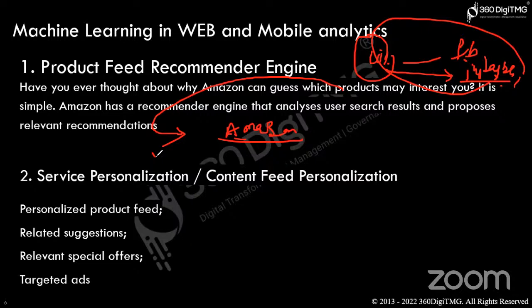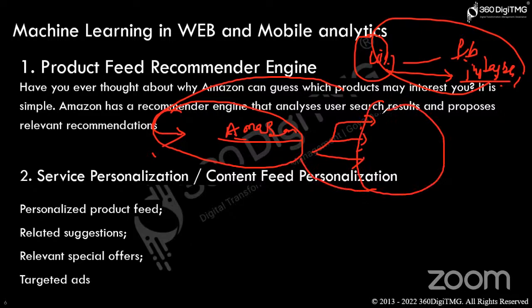Amazon thinks that you might be interested in cats and dogs, or that you might have cats and dogs. There are products related to cats and dogs, so it will start recommending: we have a cat product, we have a dog product, would you like to buy it?